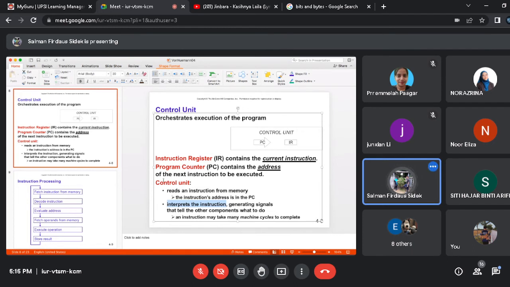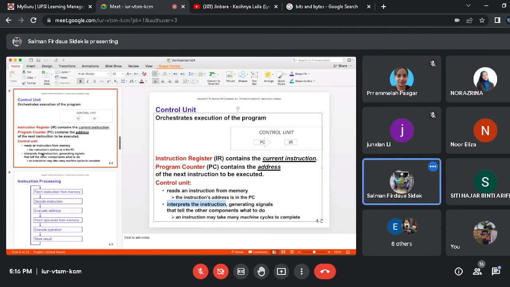You can translate the instruction manually. Nanti awak kelas awak pandai nanti. So don't worry, this is just for the beginning. I will tell you later. I will teach you later how to interpret the 16-bit instruction into one instruction that we as humans understand what to do. Macam tu.